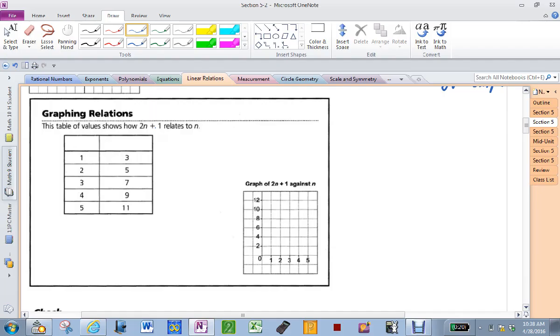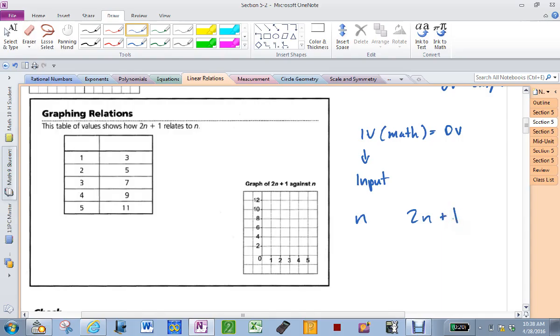N. Because we all remember it is IV and then math to get the DV, yeah? So IV must be my input, correct? Because that's the thing I'm going to do math to. So I have n and I have 2n plus 1.